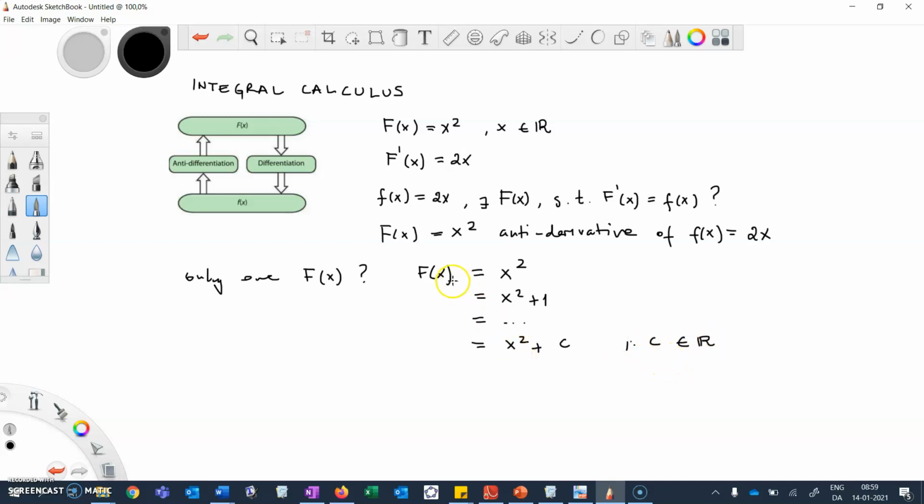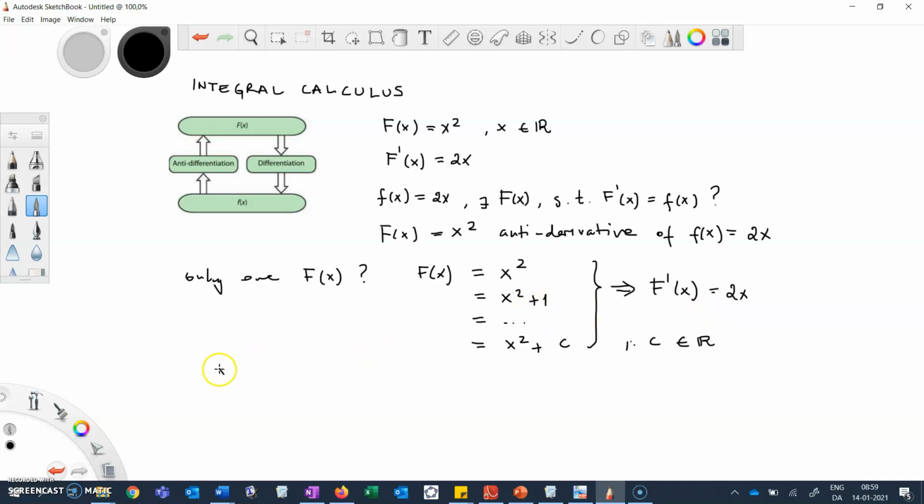This is because when I differentiate F of x as x squared plus 1, I will get, in all these cases, 2x, and that's it, because the constant is going to give me 0.